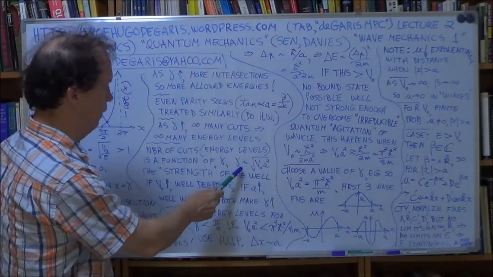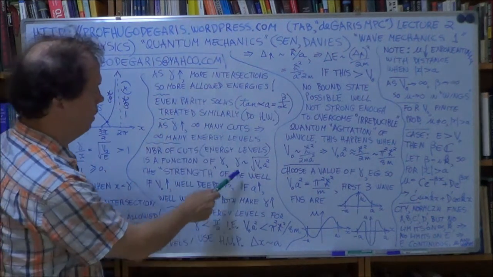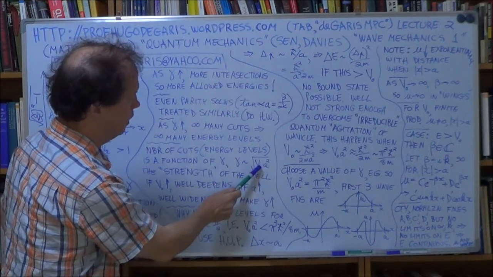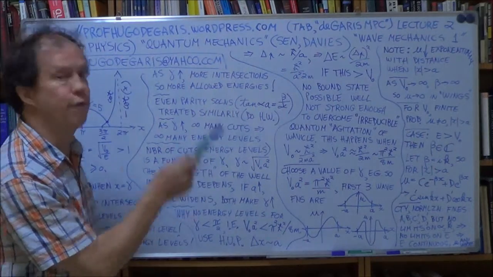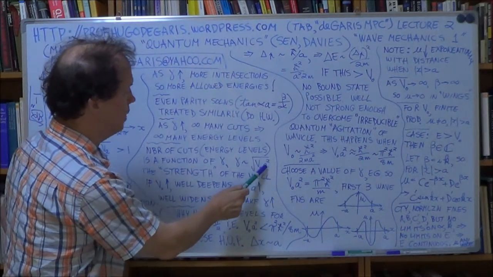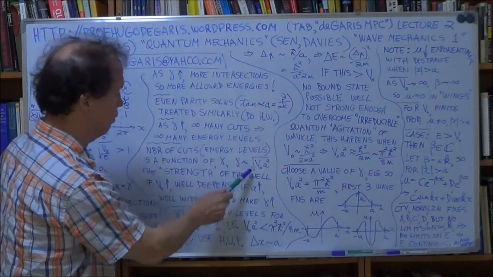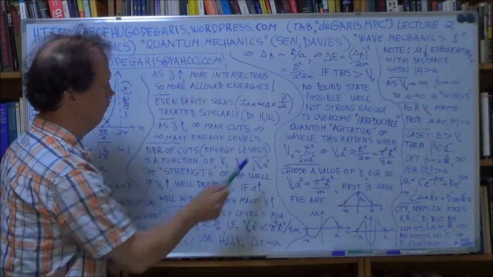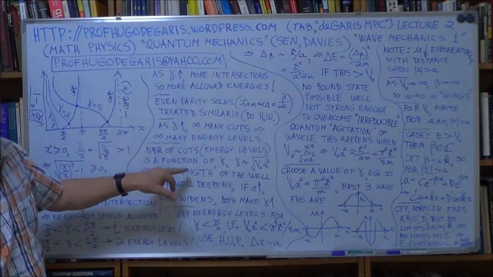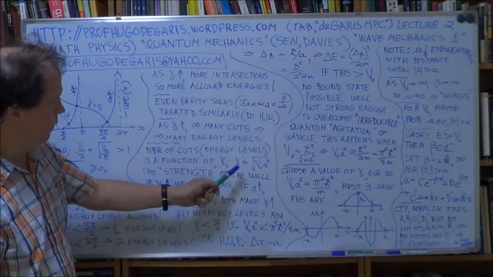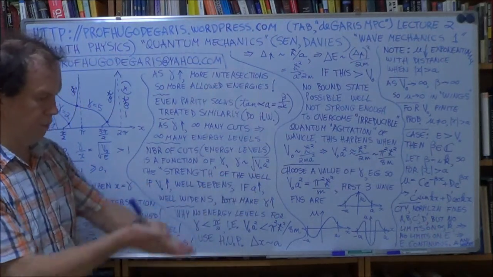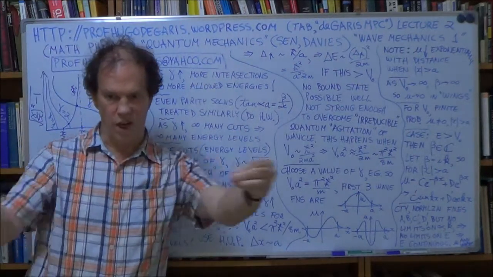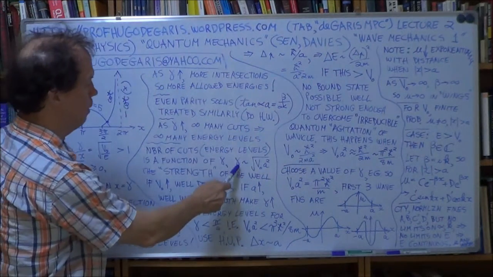Now, go back to the previous session to the definition of gamma, and you'll see that it's proportional to the square root of your V naught, your finite potential value, times a squared. Okay, so gamma is proportional to the square root of V naught a squared. So this term here, you can look on it as a kind of strength, because as your V deepens and as your A widens, right, then your gamma goes up.